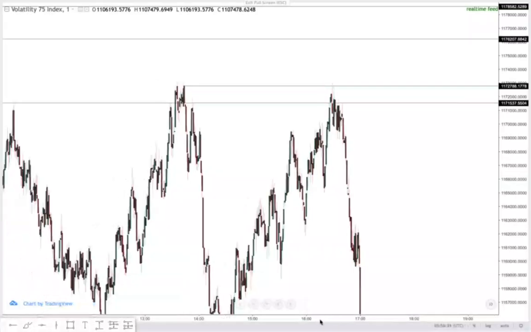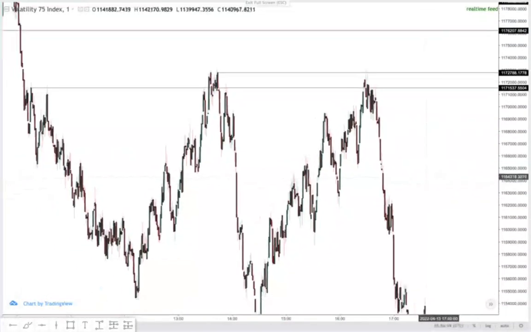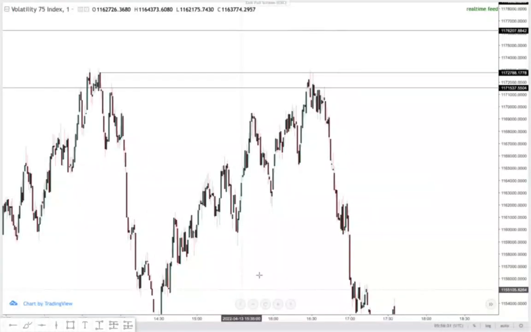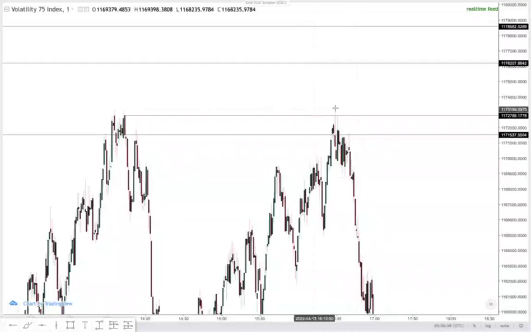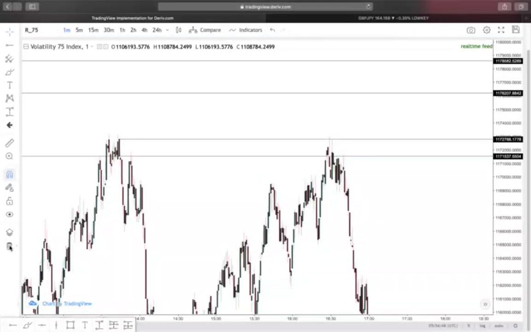Remember, we say that the more you drop to lower time frames, the more accurate your sniper entry becomes, though you will have a high possibility of missing entries sometimes. So as you can see here, we had a very small drawdown right here.